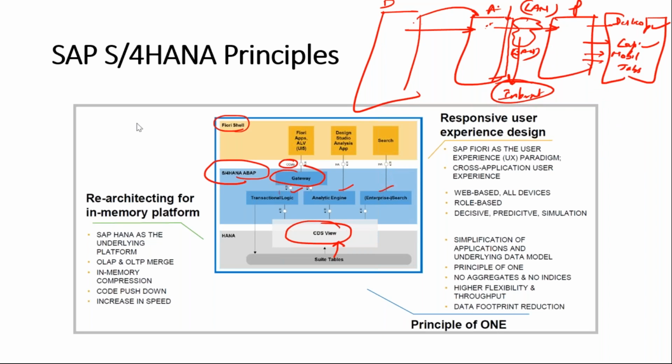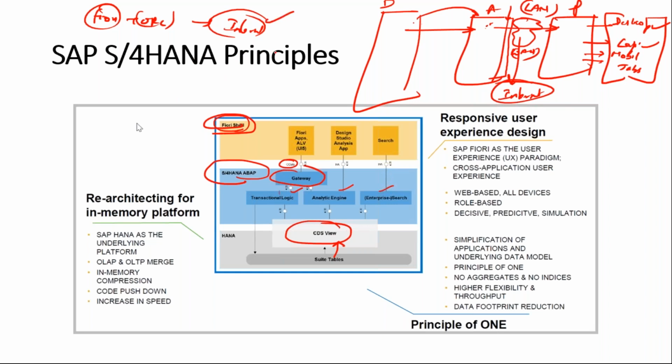So the OData service translates or converts the data into a format, because everything is on Fiori. As I said, Fiori is basically a URL, which is again on the internet, though in the backend it fetches through your local network, through your corporate server.